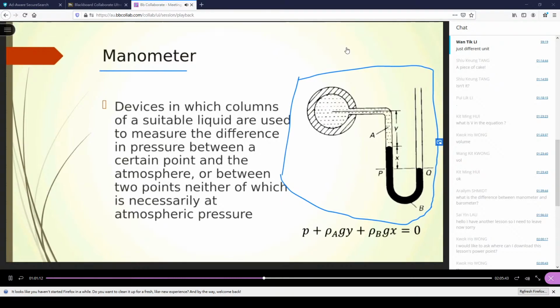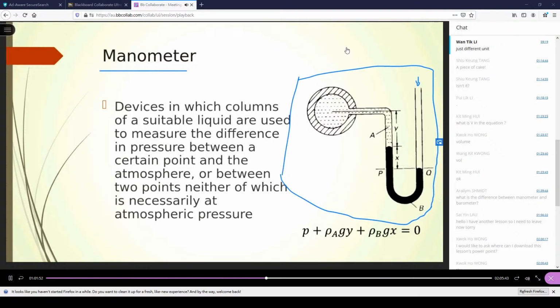Now the manometer basically is an inverted U-tube like this. In the U-tube you have a liquid, and the liquid is heavier than the fluid inside the pipe, where the pressure has to be measured. Now this part is up to you. This part could be open to atmospheric pressure.